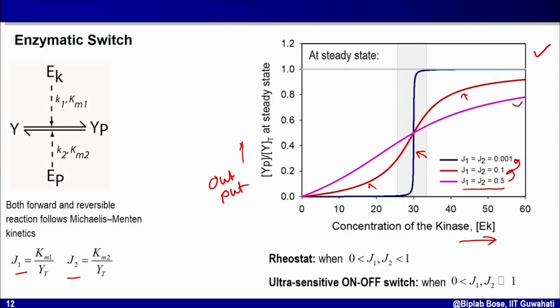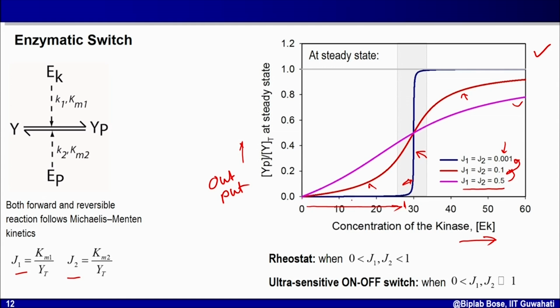So what is happening? As I am making J1 and J2 very small with respect to 1, these sigmoidal curves are becoming very sharp and I am getting a sharp S-type curve. So when I have very small J1, J2, for example equal to 0.001, I get this blue curve, and what will happen? Up to near 30 from 0, if you increase Ek, there is no change of output.